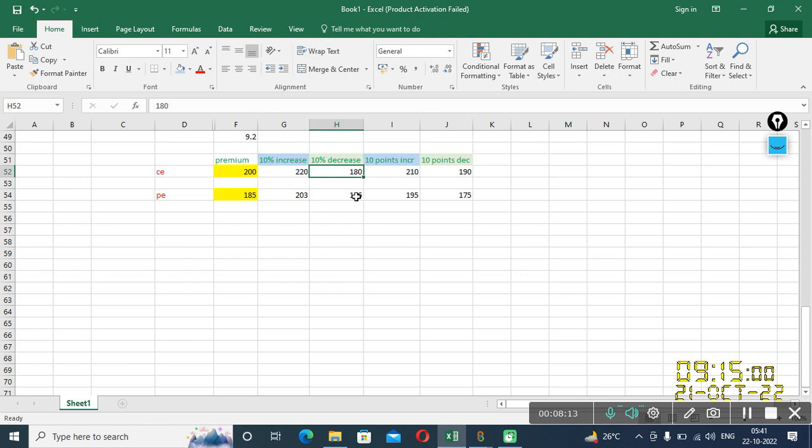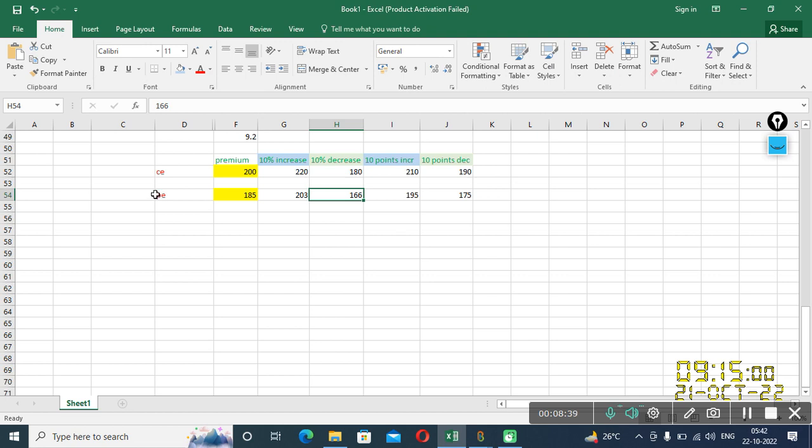Okay, and in case of PE, if premium at 9:20 was 185, but I have given the condition of 10% decrease, which comes out to be 166. So I want Backinzo to enter at 10% decrease, that is 166. Okay, that means if price reaches 166 for the PE leg, then only enter, right?